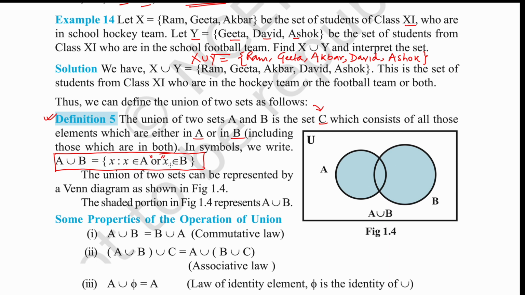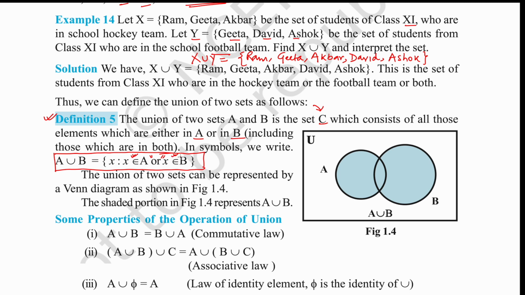Now, if we try to find the truth of this composite statement, whenever the connecting word is or, the entire statement is true if any one of the statements is true. So if x belongs to A, this entire statement will become true.